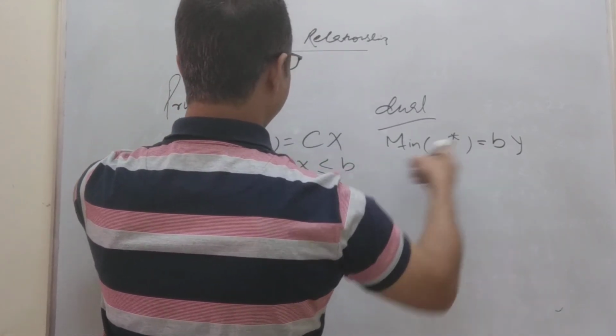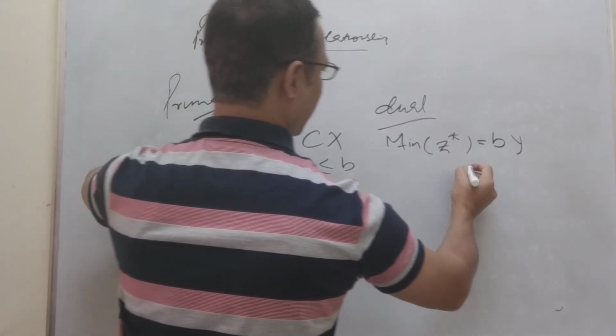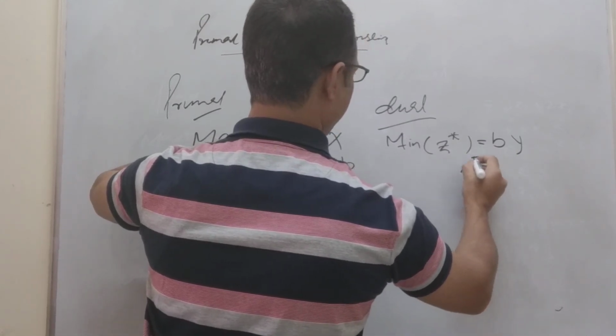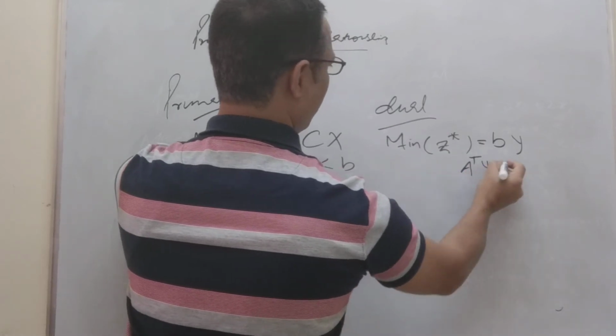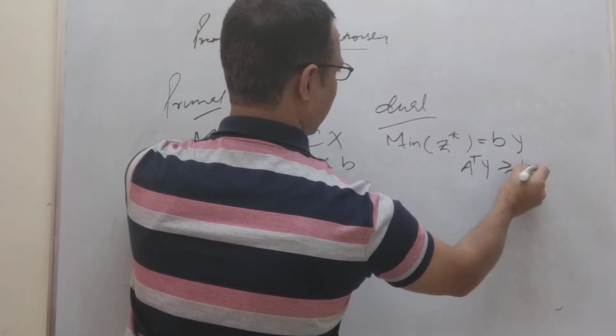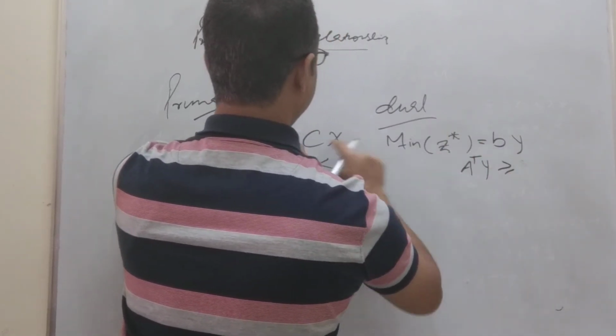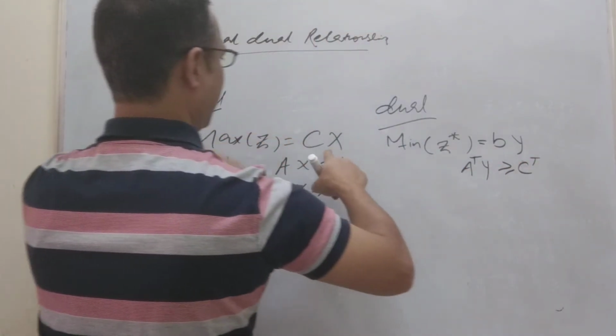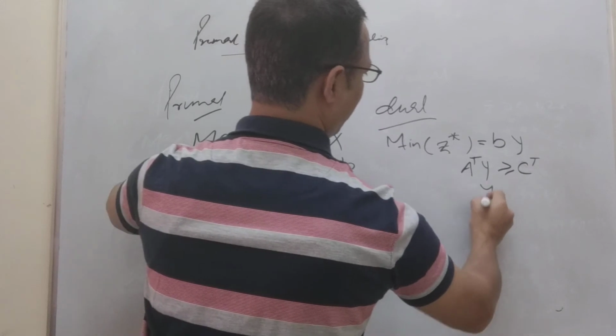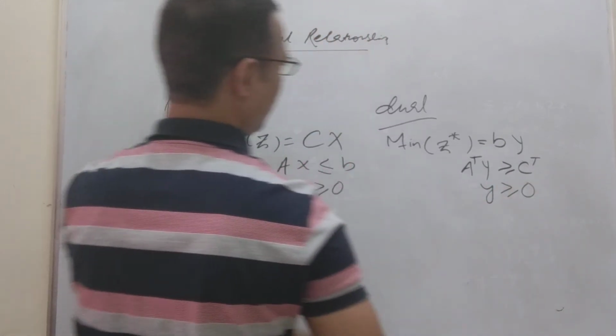Here A will change into A transpose, and the less than or equal to will change into greater than or equal to. The coefficients of the objective function will come to this side, transposed, and y will always be greater than or equal to 0.